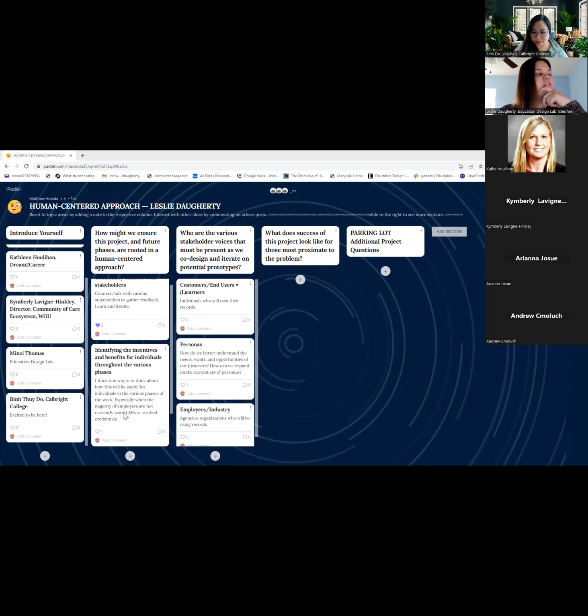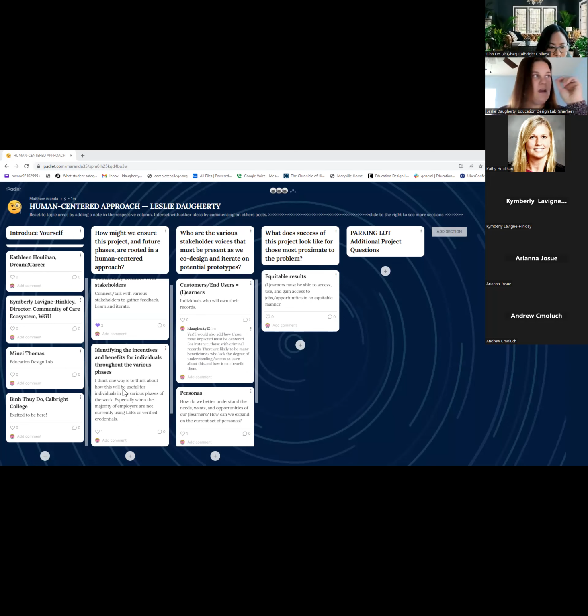As you're all thinking about this comment about identifying the incentives and benefits for individuals, I'm interested to know, are there some assumptions that we who are invested and excited, and looking at these, are already making or that we can make around the incentives and benefits and what those might be?